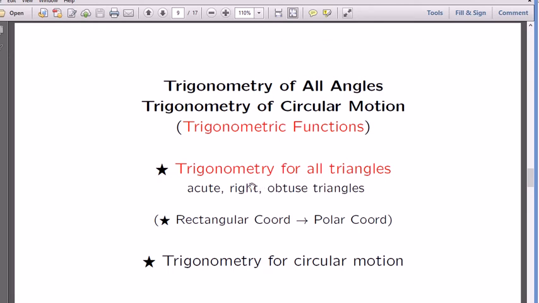For that, you will learn the trigonometric laws that apply not only to the right triangle, but to acute and obtuse triangles. What you know is always about the right triangle. So for that, this all-angle extension is helpful and useful. And more importantly, this trigonometric circular motion is used in there.